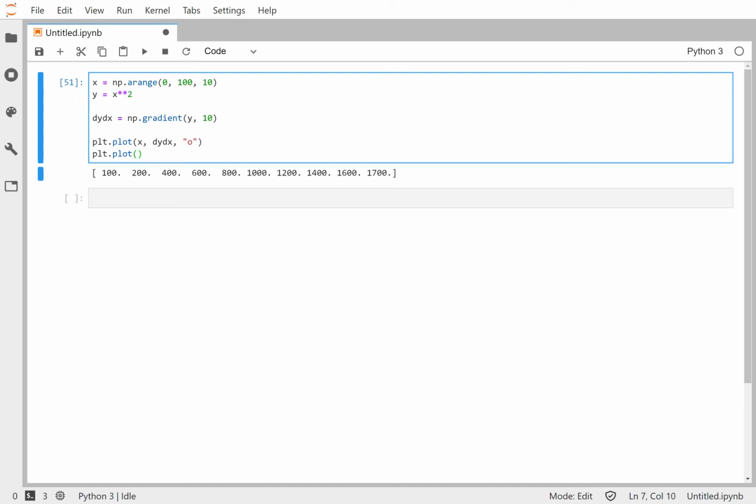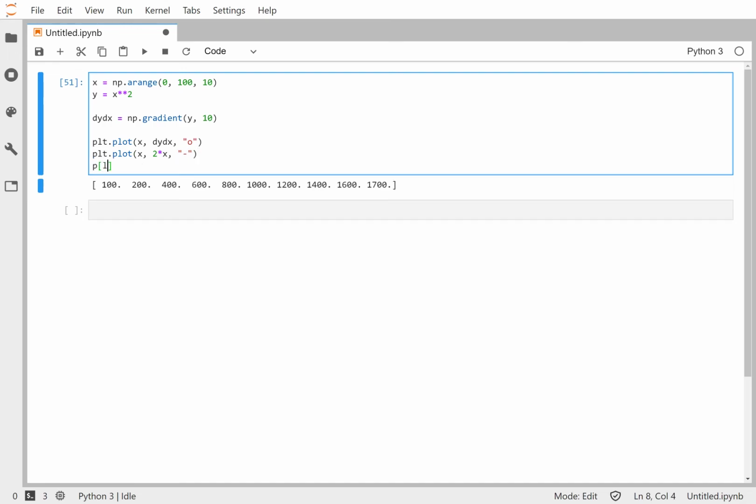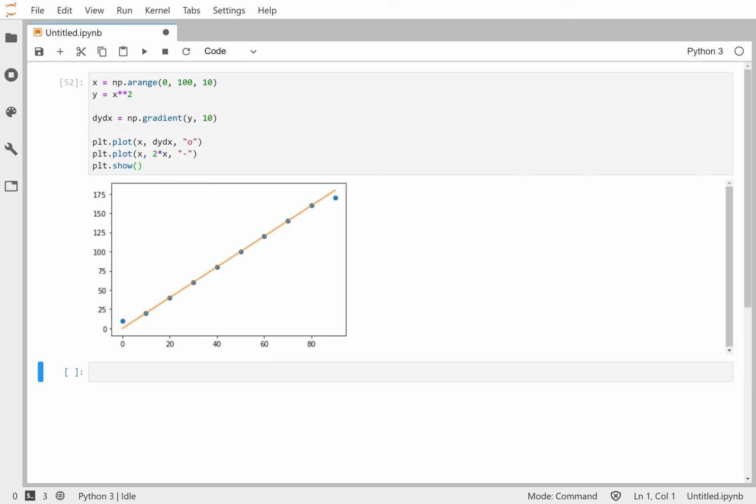So let's plot x versus 2 times x, and we'll make that one a solid line. Solid line is the default, but I'm typing it out just to be really explicit about what I intend the code to do. Never hurts to be explicit. And we're going to do plot.show. Okay, so the dots are what was calculated. The line here is the actual.